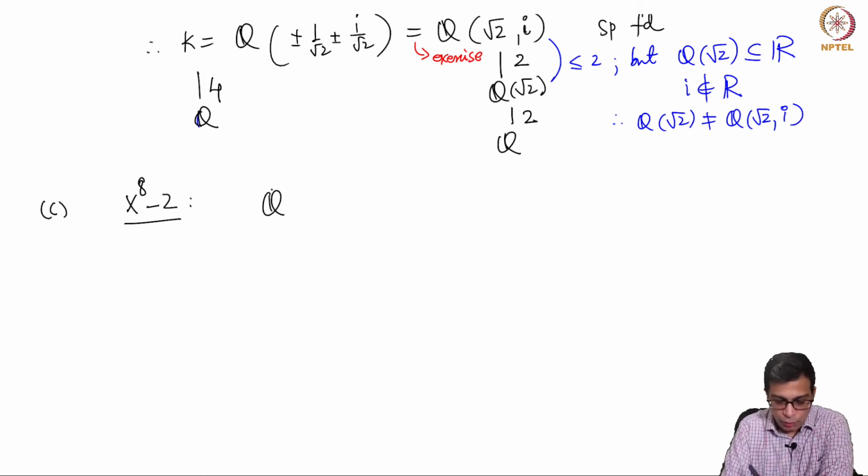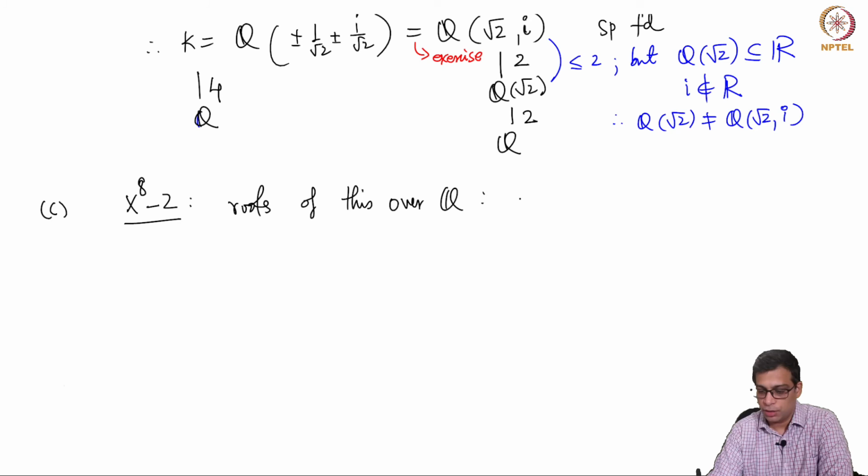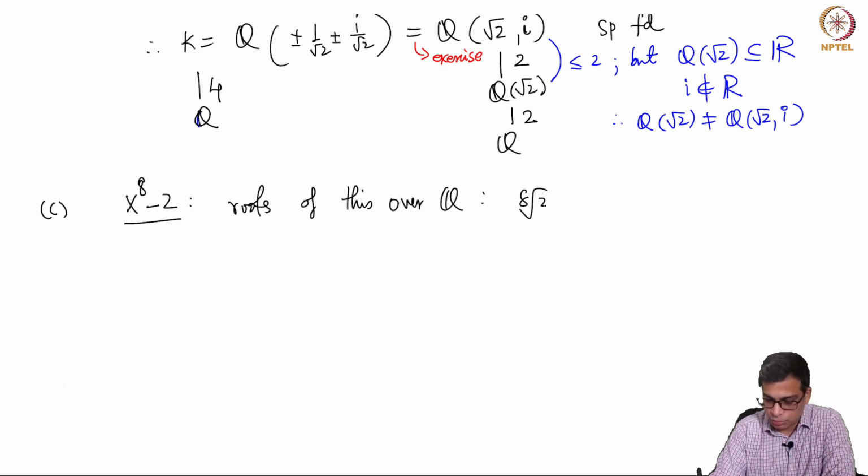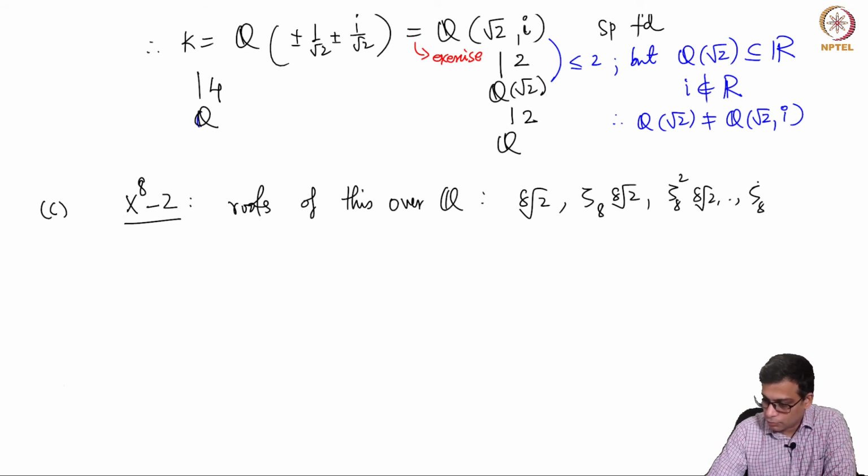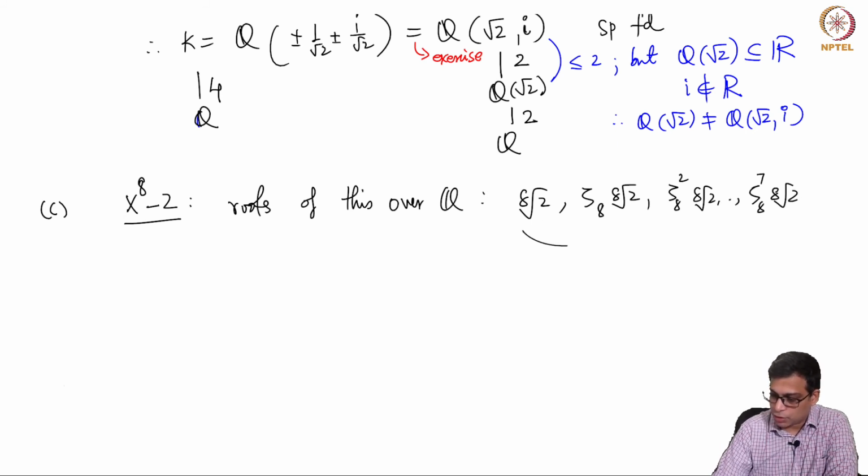So as we will see, what are the roots of this? Roots of this over Q are, just going by the same argument as earlier, 8 roots. This much is true.